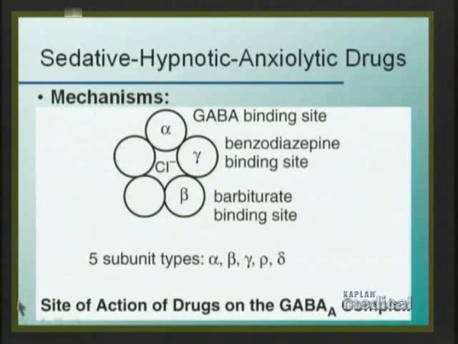The thing that we'll have to explain is how come drugs that interfere with the same neurotransmitter, GABA, and the same target, a GABA A receptor, manage to have such a different pharmacology. Well, for this, let's examine what a GABA A receptor looks like. If you look at the diagram entitled Site of Action of Drugs on the GABA A Complex, what you're looking at here is the classical appearance of an ion channel that would be ligand gated.